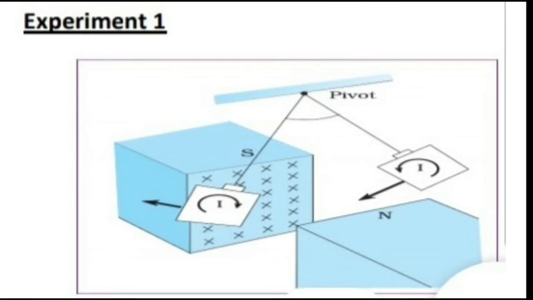By Lenz's law, the direction of this eddy current produced in the metallic sheet changes when the sheet is going away from the magnetic poles and when the sheet is going towards the magnetic poles. In both cases, the direction of induced current changes.